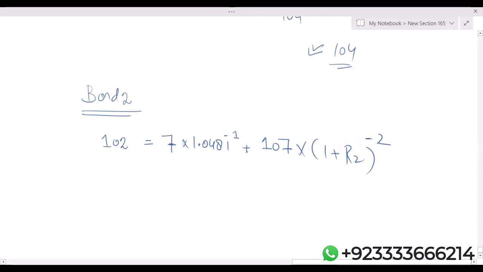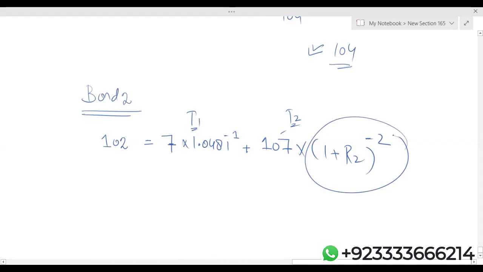Students, please comment on that. I'm waiting. This is the year 1 cash flow and this is the year 2 cash flow. And this is the discount factor of the second year. And we need to calculate R2.